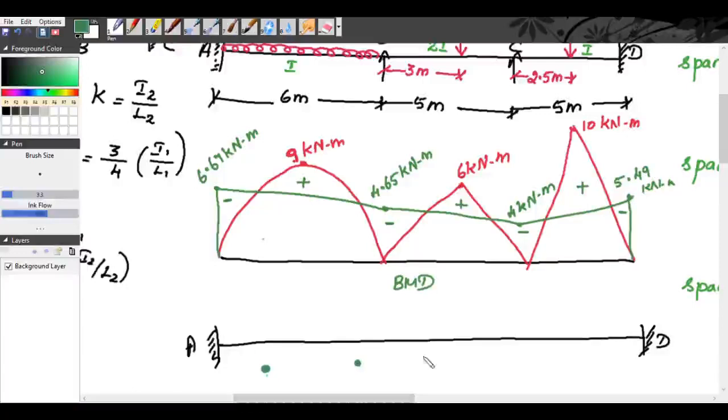Another hinge will be forming here. B, and this is support C. So our deflection diagram is drawn like this. Okay, so this is our deflection diagram.